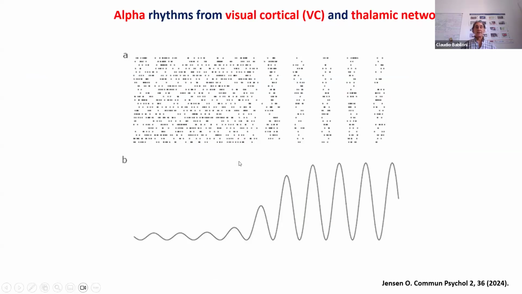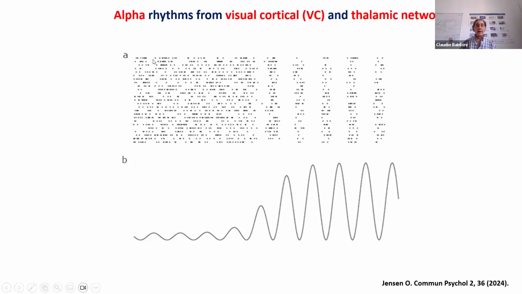And here in this picture, you see the nice relation between the spiking activity, the action potentials at the level of cortical pyramidal neurons in A, and in B, the amplitude of scalp recorded EEG activity.